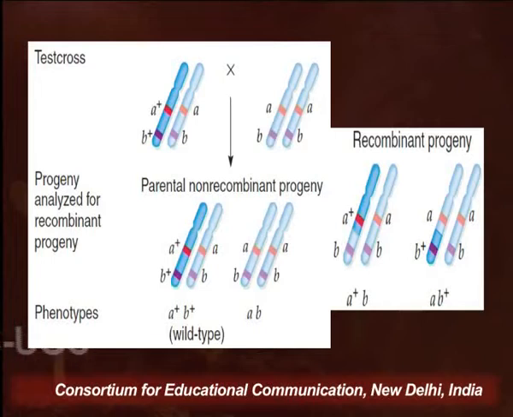Now we make a test cross, that is a cross between this F1 wild type and the homozygous recessive parent. What we find here is that if we are going to analyze the progeny for its recombination, there are parental combinations which are non-recombinant.